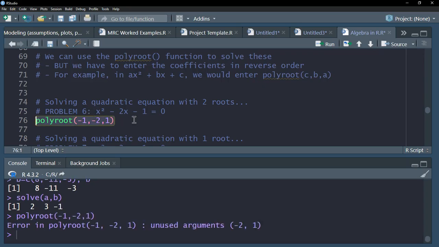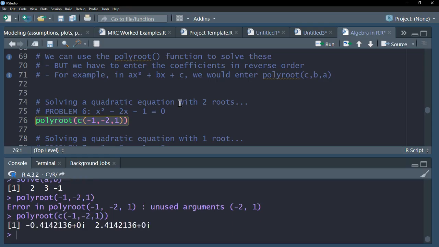All right, what do we get? I forgot how the function works apparently. For polyroot, I was just trying to cram the coefficients in there, but what it wants is for us to enter them as a combination.